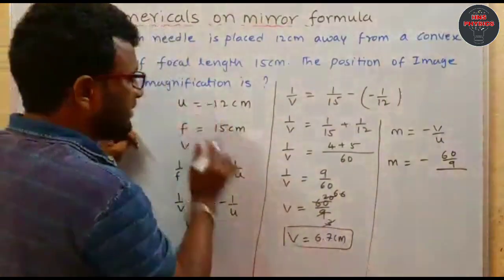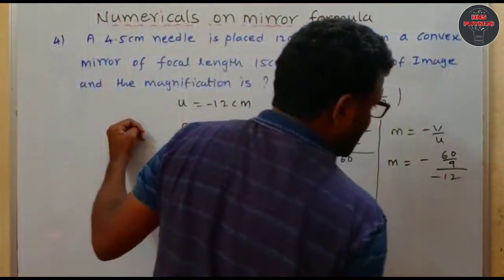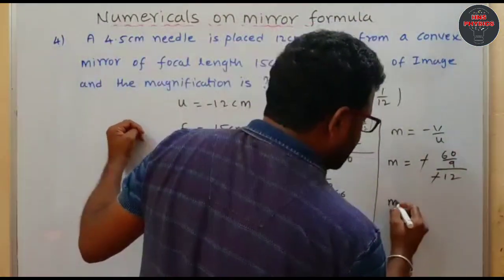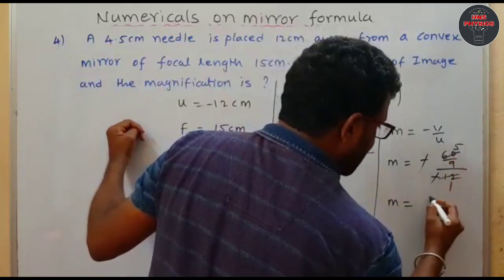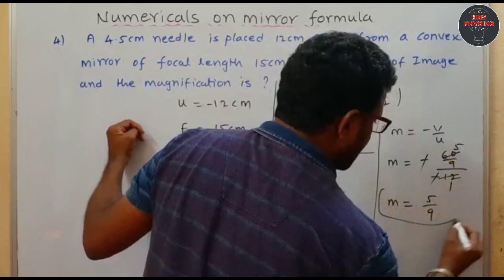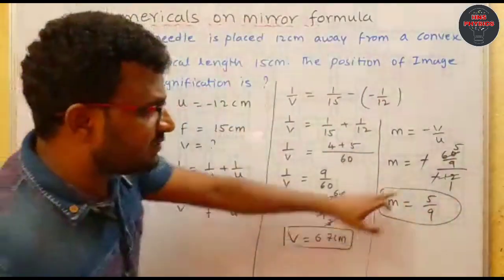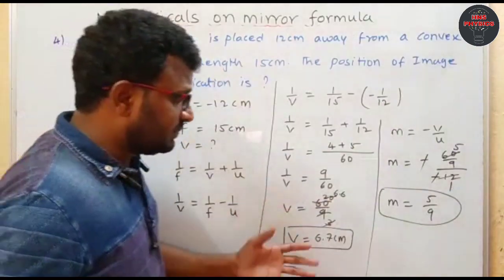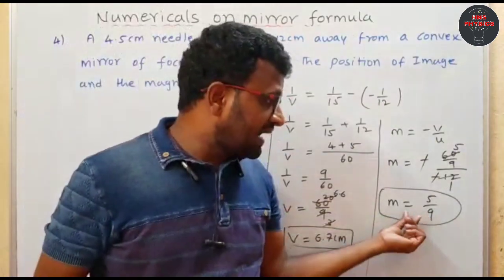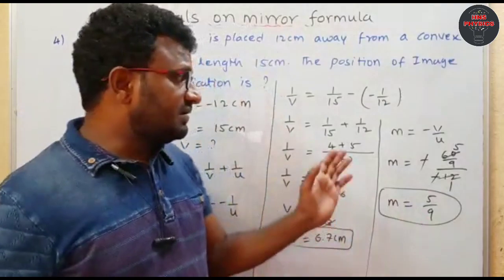Object distance is minus 12, right? So minus minus cancel. So 12 1s are 12, 12 5s are 60, so the magnification is 5 by 9. Here instead of 6.7, I am taking 60 by 9 because the calculation becomes easy. So the magnification is 5 by 9 for the convex mirror.